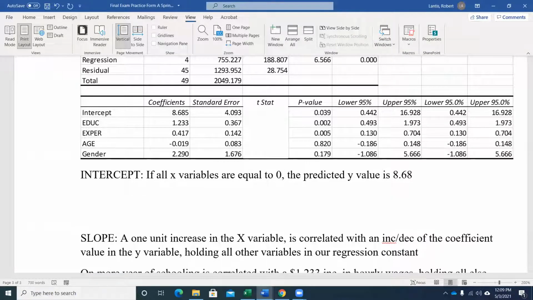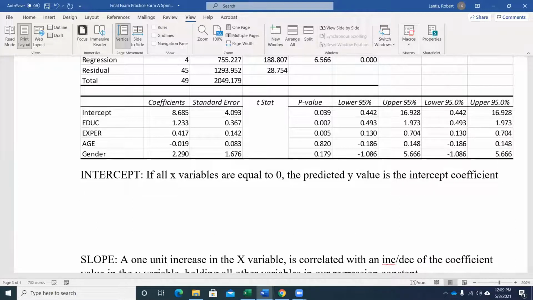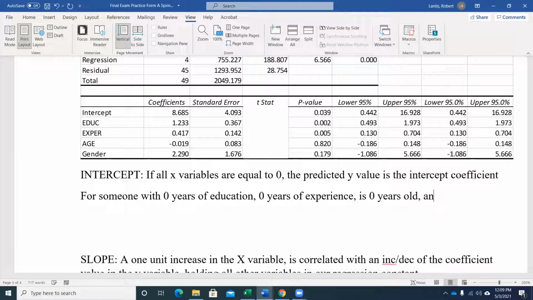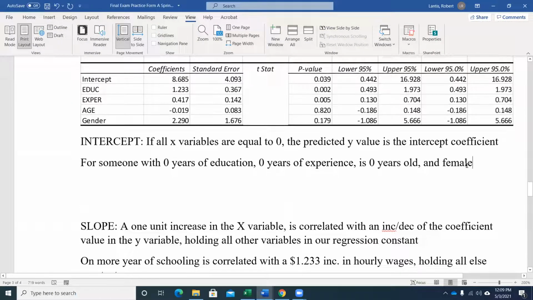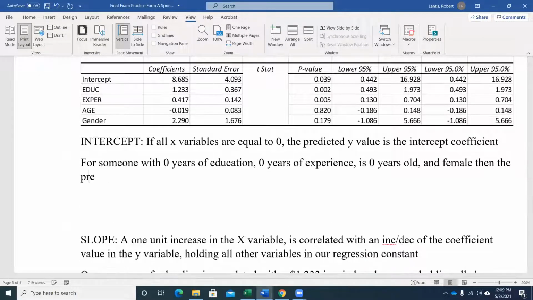So actually, sorry, this is the intercept coefficient, which means for our example, for someone with 0 years of education, 0 years of experience, who is 0 years old, and female, because the gender variable, if we go back up, was 1 if they were male, so it has to be a 0, then the predicted hourly wage is $8.68.